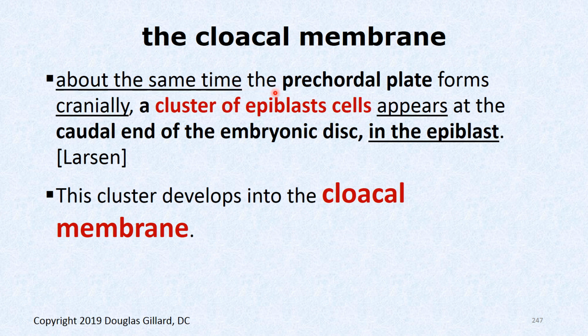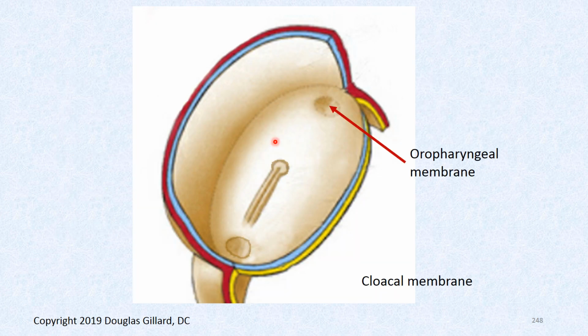It happens about the same time the prechordal plate is formed. This is not mesodermal cells. So some genes get turned on in the epiblasts that are caudal, way caudal, and they thicken into this weird thick tissue called the cloacal membrane.